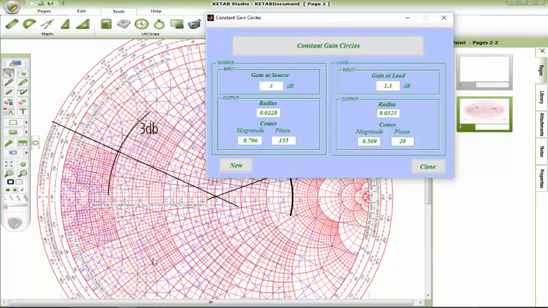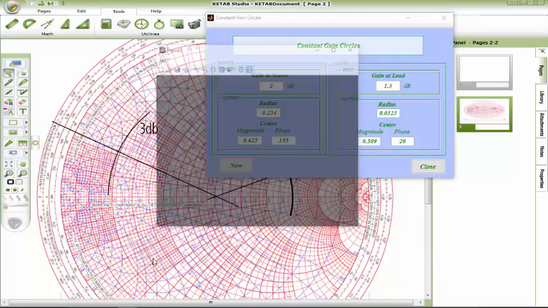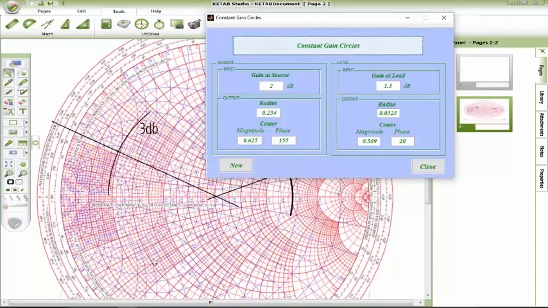At the source we have a 3 dB maximum gain, so we want to draw the 2 dB circle. For 2 dB, we have a circle with radius 0.25 and a center at 0.62.